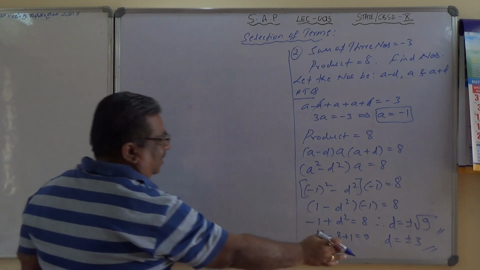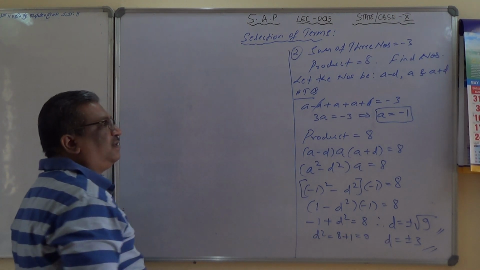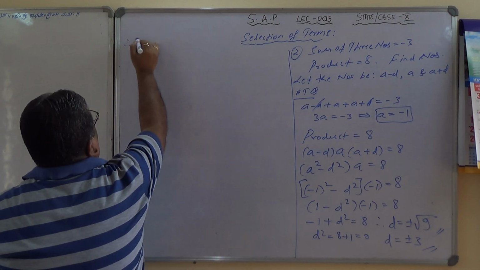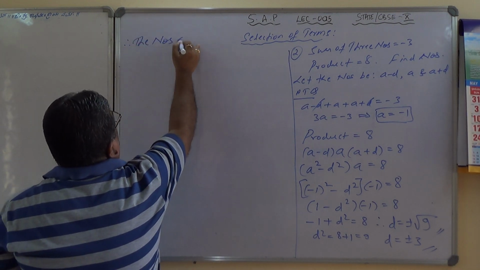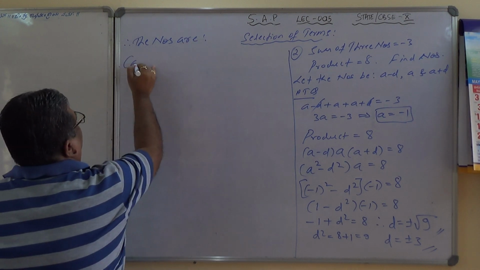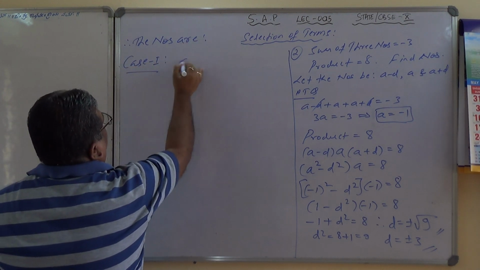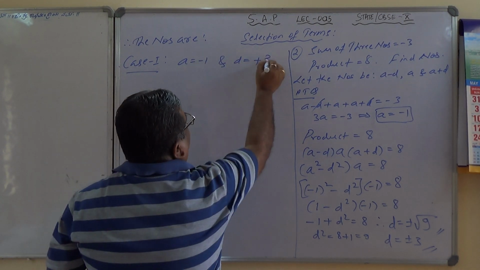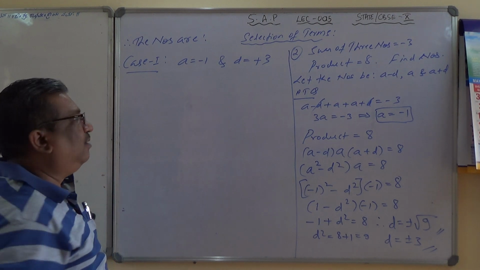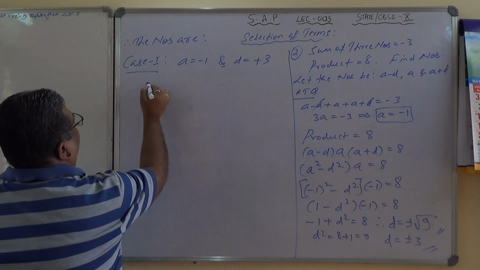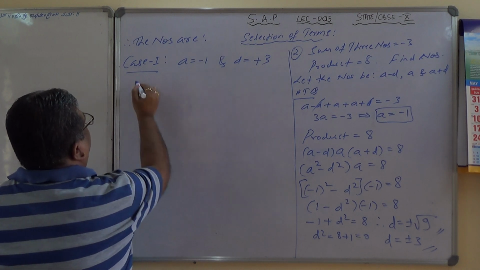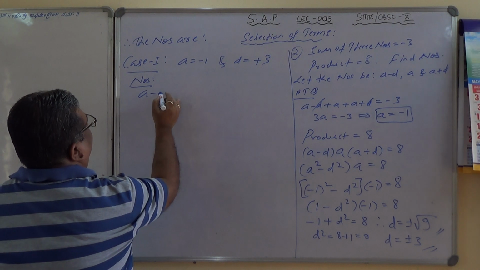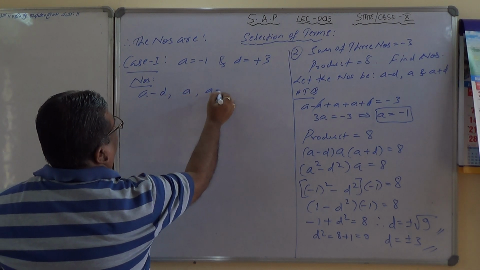See here, for d I have two options: plus 3 and minus 3, and therefore I have to consider case 1 and case 2. Case 1: a equals minus 1 and d equals plus 3. And case 2: d equals minus 3. So what are the numbers? The numbers are a minus d, a, a plus d.